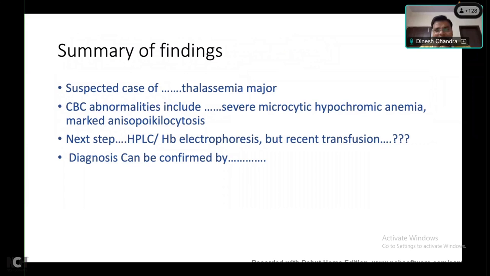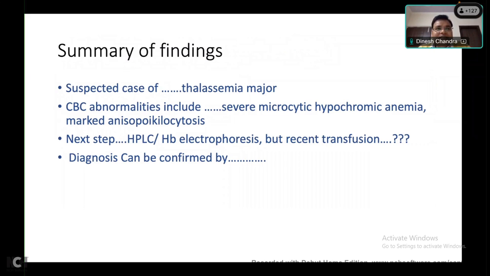Okay, usually at the initial stage we don't do mutation analysis unless we have some doubt, or we are not able to pinpoint a diagnosis on the basis of HPLC or electrophoresis or capillary electrophoresis.